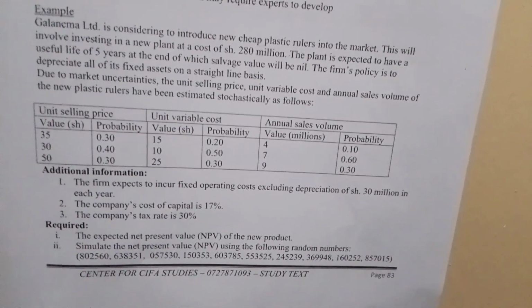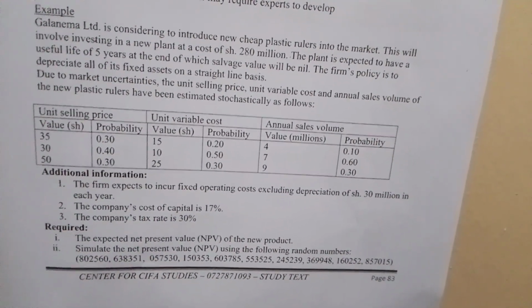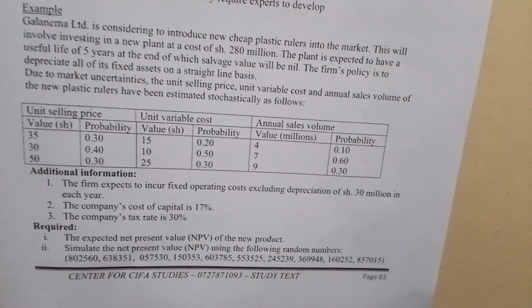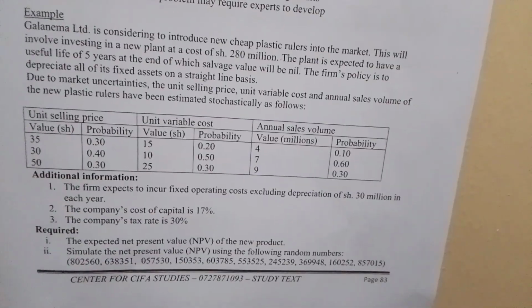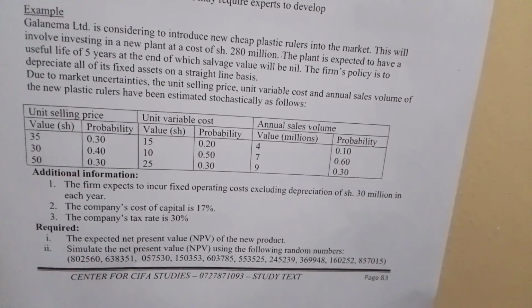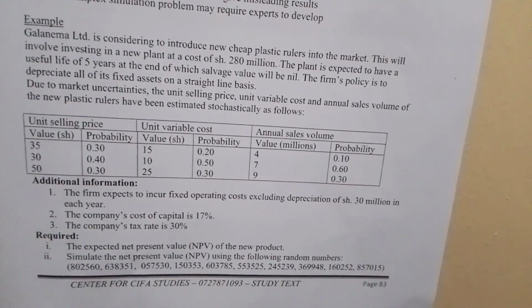Additional information. Number one, the firm expects to incur fixed operating costs excluding depreciation of shillings 30 million in each year. Number two, the company's cost of capital is 17%.